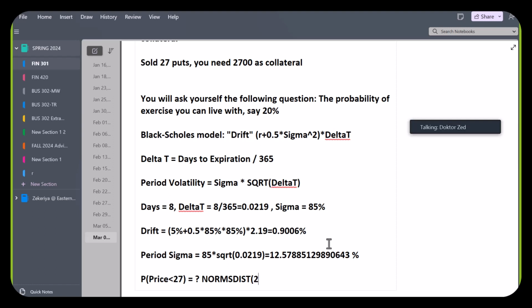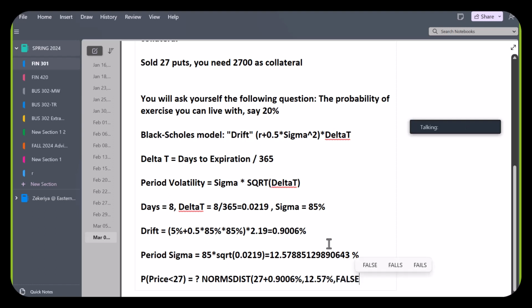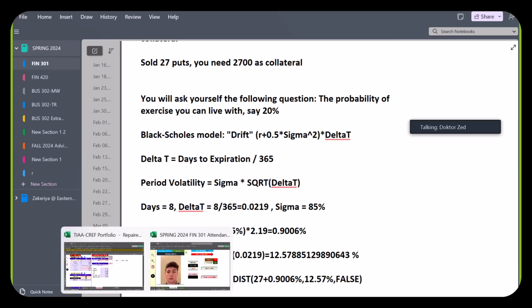The mean is 27 plus, what is that, 0.9, standard deviation is 12.57. And I want cumulative. That's how we're going to do that in Excel. So let's find out that probability.